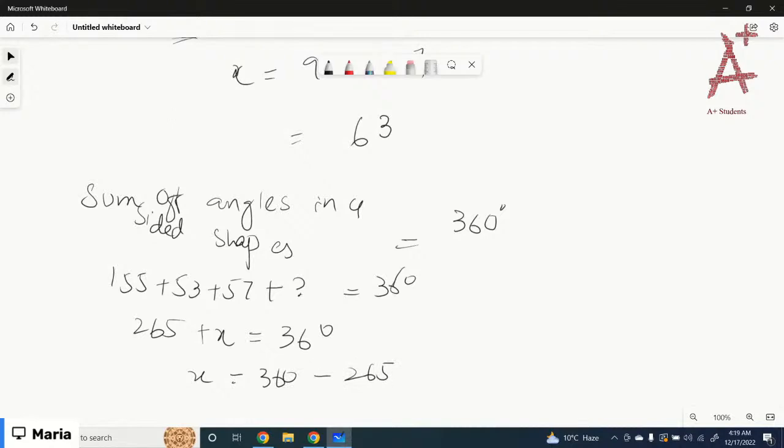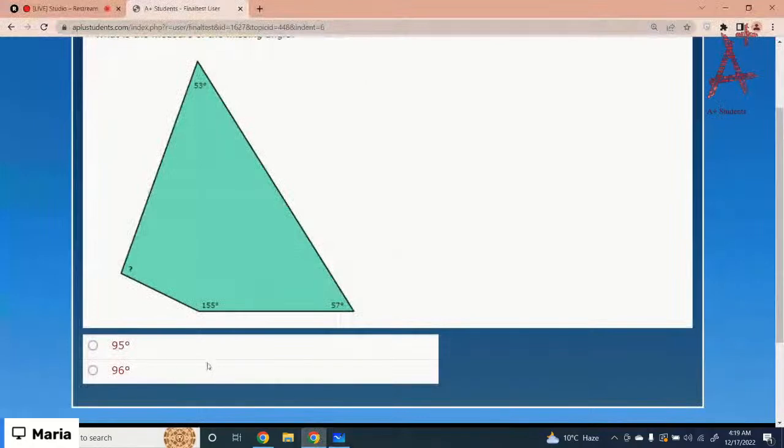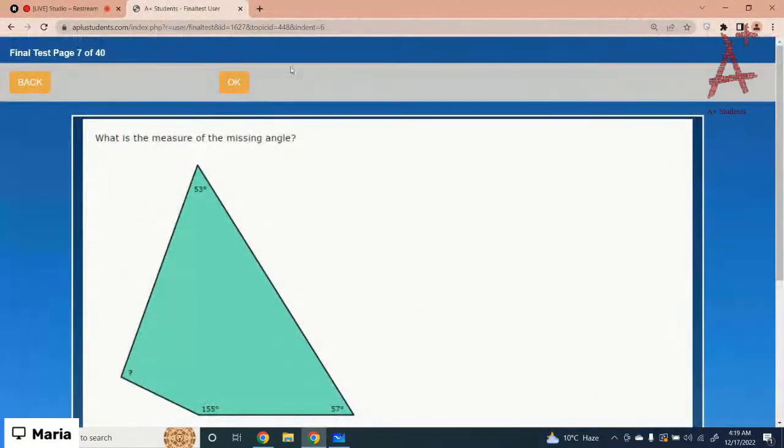So 300 subtract 265. It is 35 degrees. Got it? That means the missing angle is 35 degrees. Got it? 95 degrees, not 35. Got it? Just select the correct option and click on the OK button.